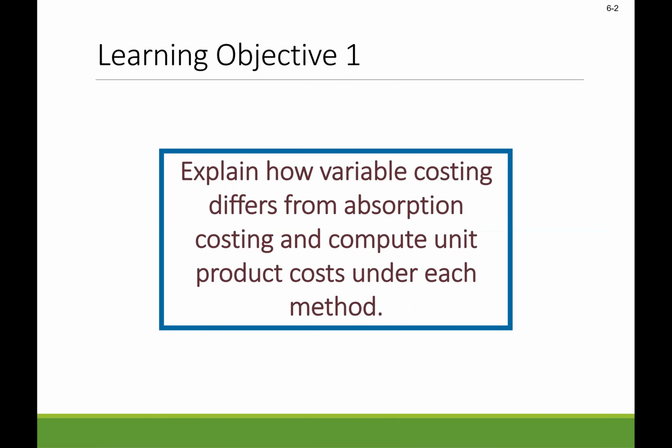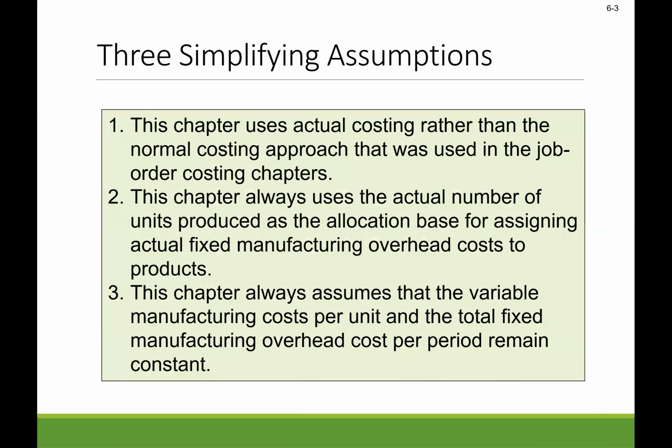So variable costing is what we're talking about today, and we're going to talk about how it differs from the absorption costing method. This chapter uses actual costing rather than the normal costing approach that we used in job order costing.